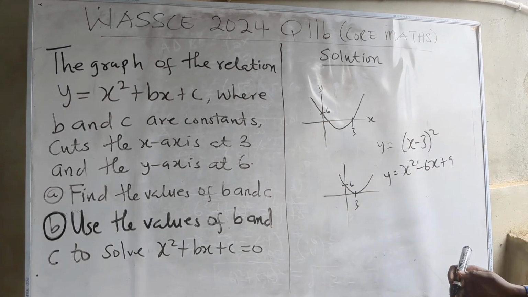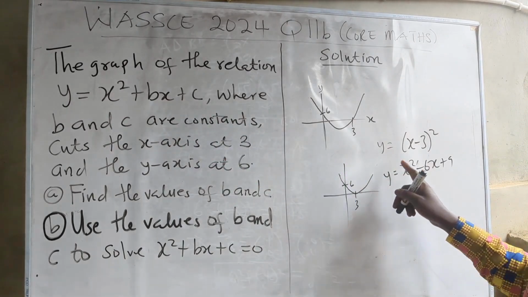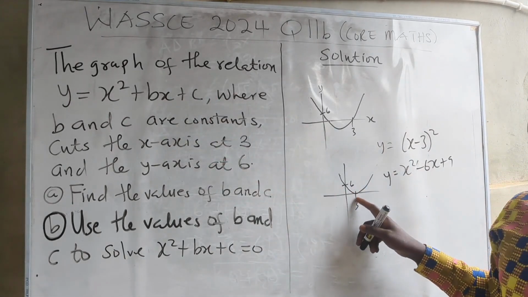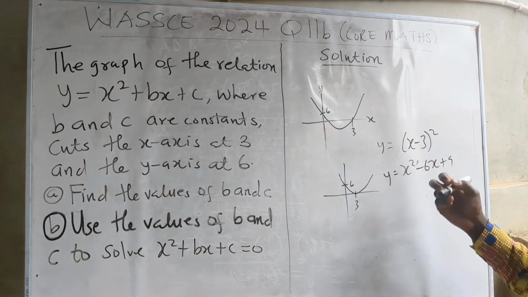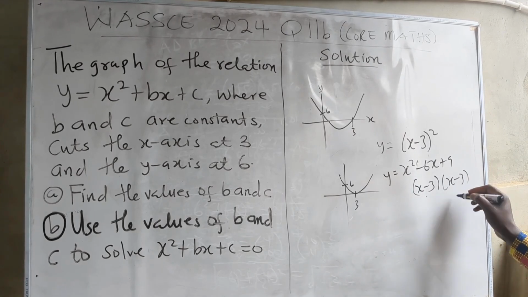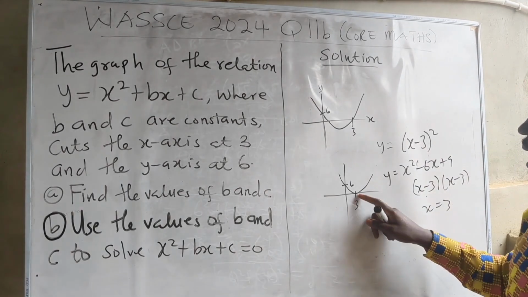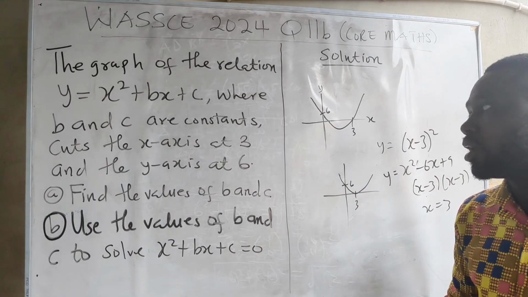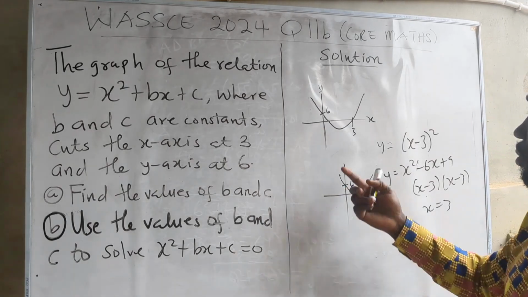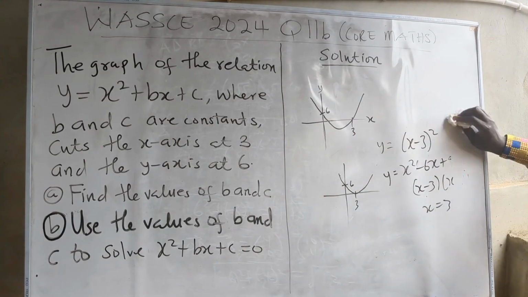So when it happens like this, where maybe b is negative 6 and c is 9, we are going to have equal roots, where when you solve, you get s minus 3 and s minus 3, so the roots are going to be equal. It means that they are all at the same place. Or it can happen that we may have different roots. Alright, so that is that.